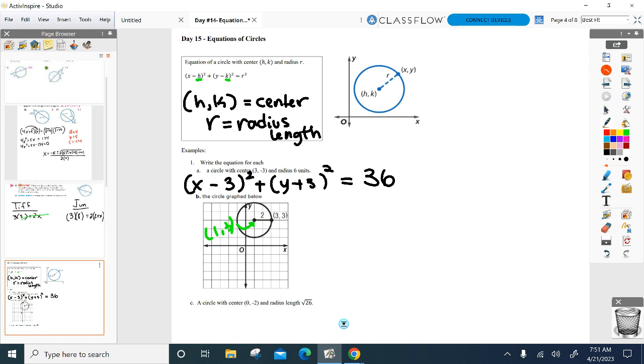All right, so let's build our equation now. What should go in that first parenthesis now?